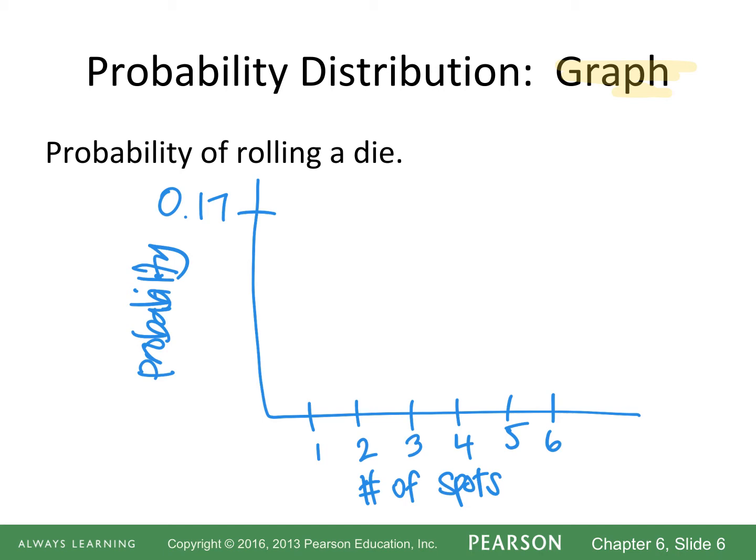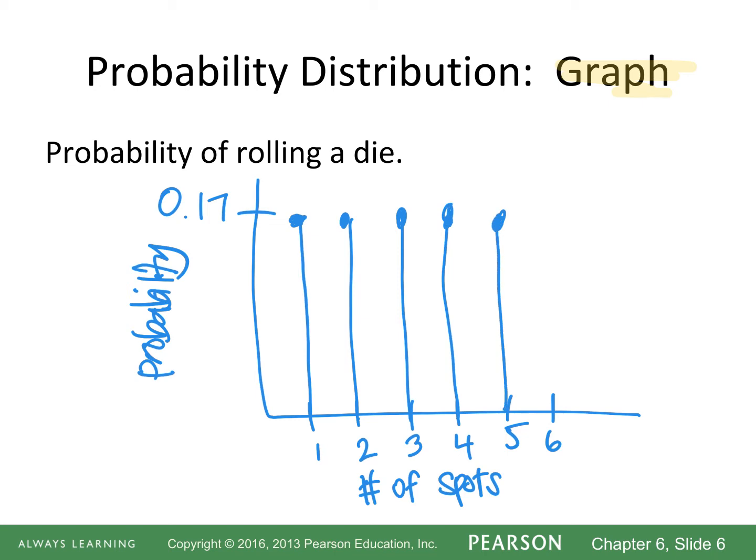When you graph each probability, it's basically just going to be a dot on the outcome and a line up to that point. Super simple graph. Nothing really complicated about this kind of graph. There's the graph of rolling a die.